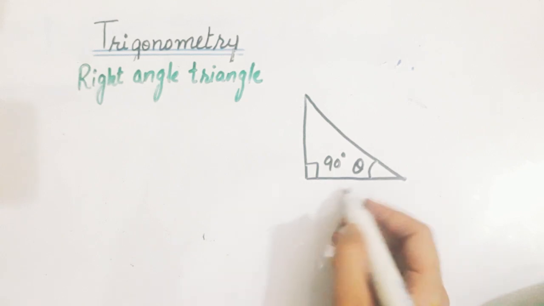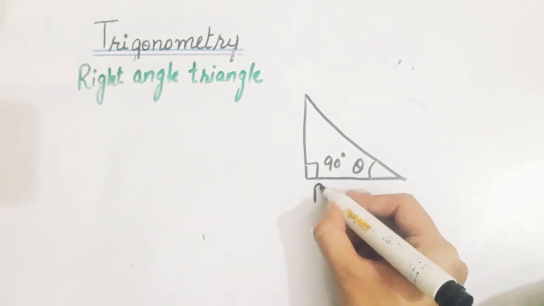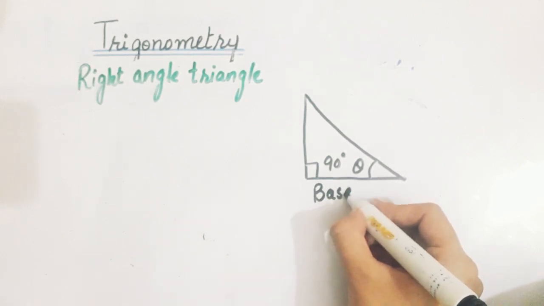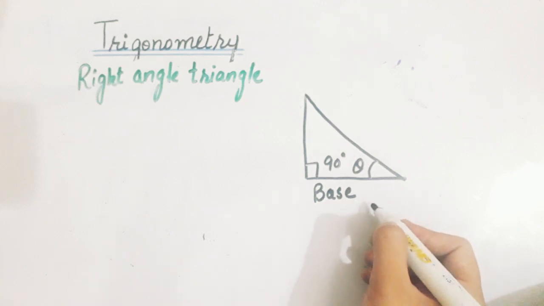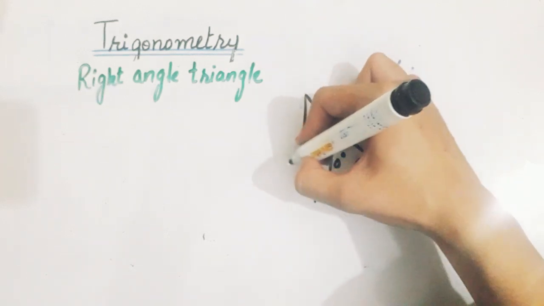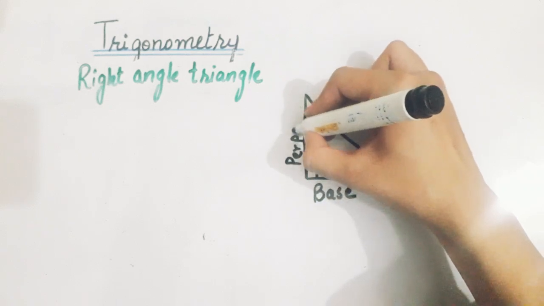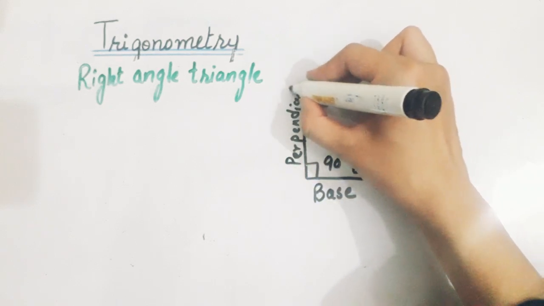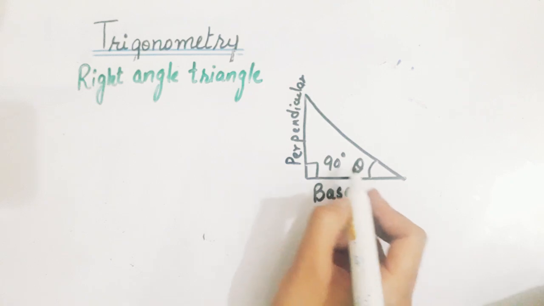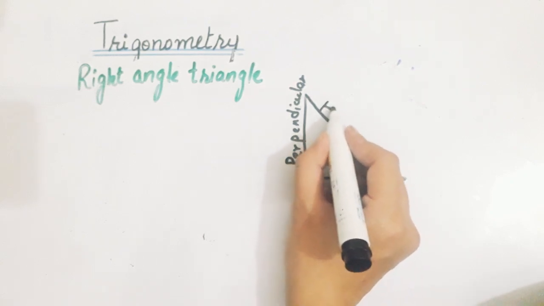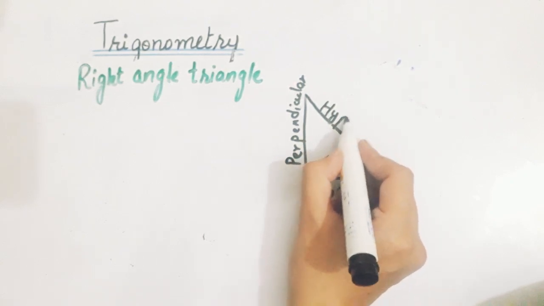So this side is called base, and this side is called perpendicular, and this side is called hypotenuse.